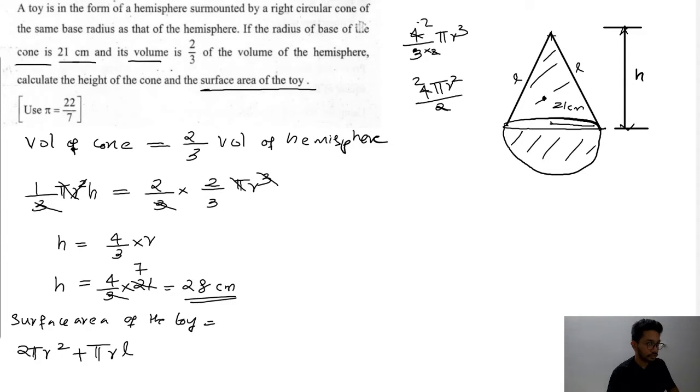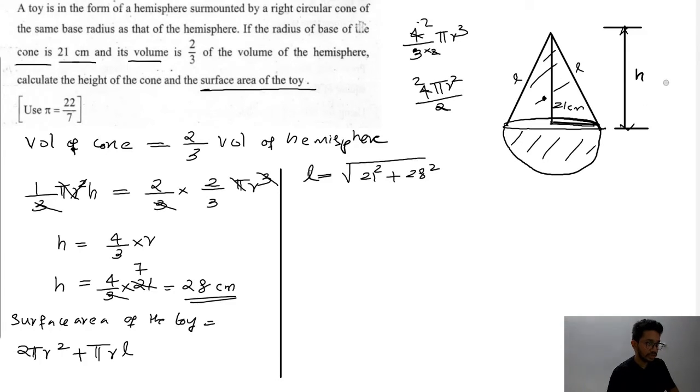Now we got the height, and we know the radius, right? We know the radius and we know the height. So by using Pythagoras theorem, we can calculate the slanting height L, which is equal to root of 21 square plus 28 square, right?